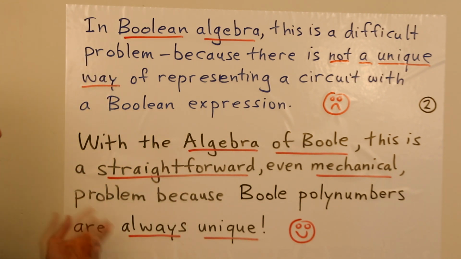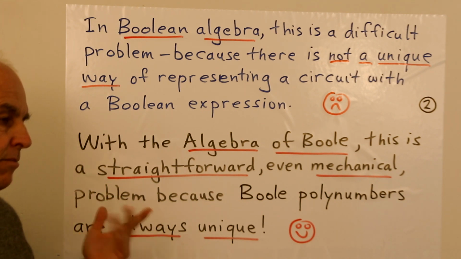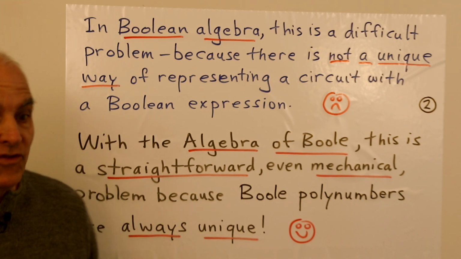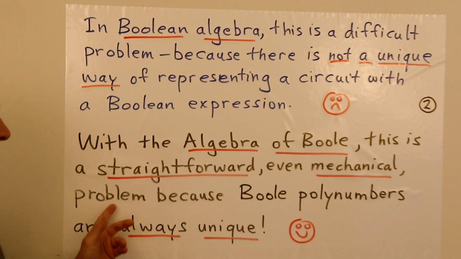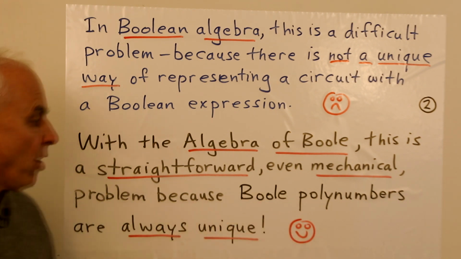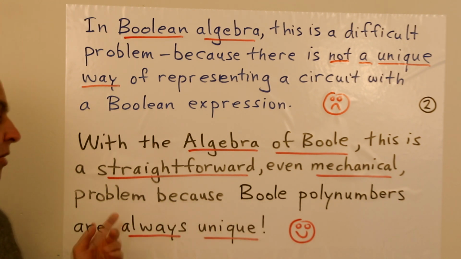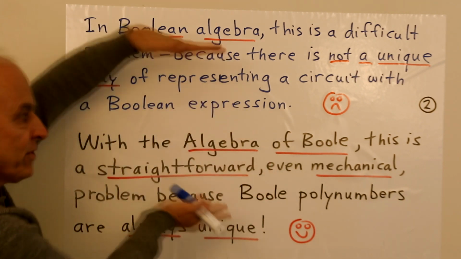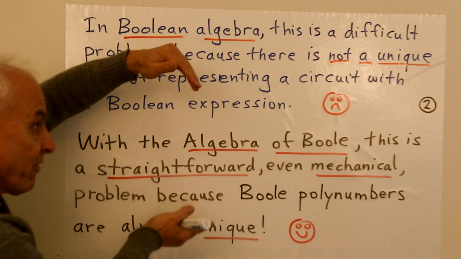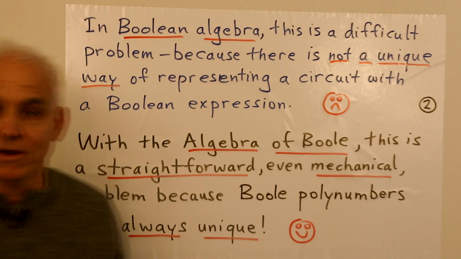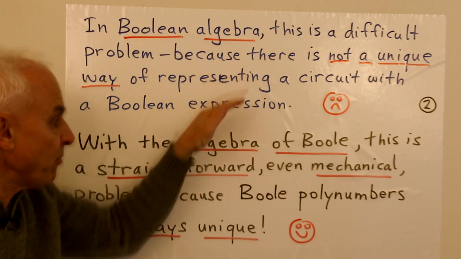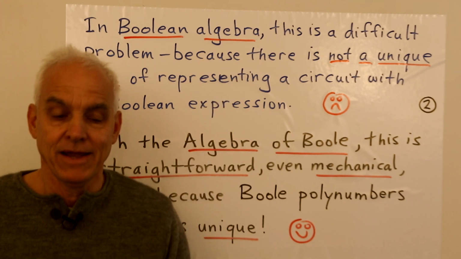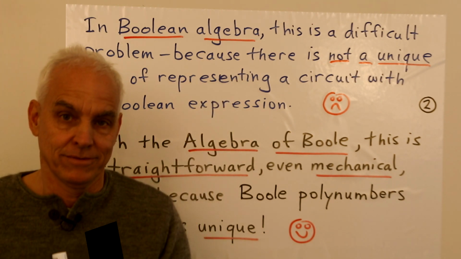Okay, we just use year 9 polynomial algebra simplified. Okay, and the ultimate reason is because the Boole polynumbers which capture the circuits are always unique. Okay, this is such a powerful distinction between the algebra of Boole and the Boolean algebra. If you're an electrical engineer, please contemplate this. Okay, it has huge consequences.